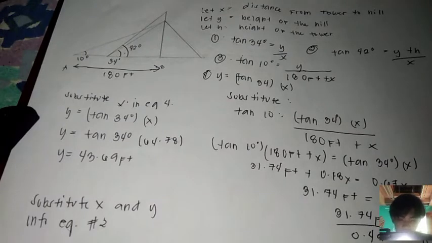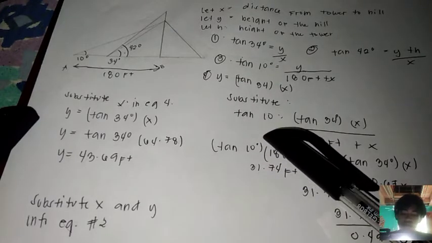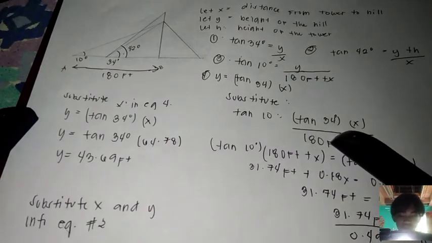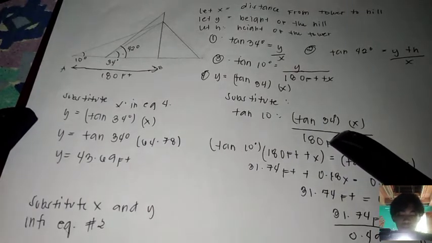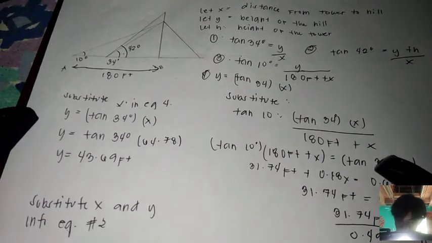So we have here, let's do the substitution of tan θ equals tan 34 degrees times x over 180 feet plus x.